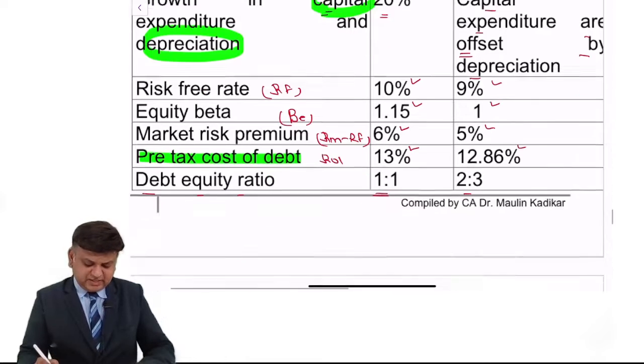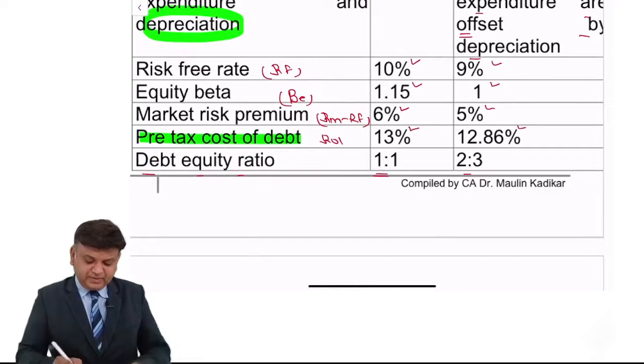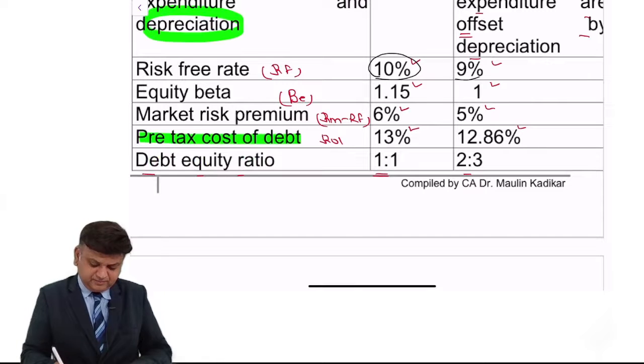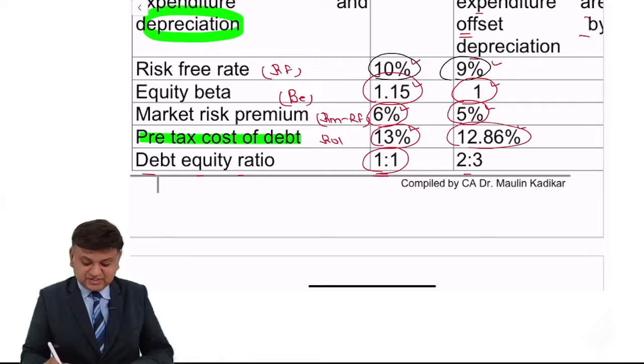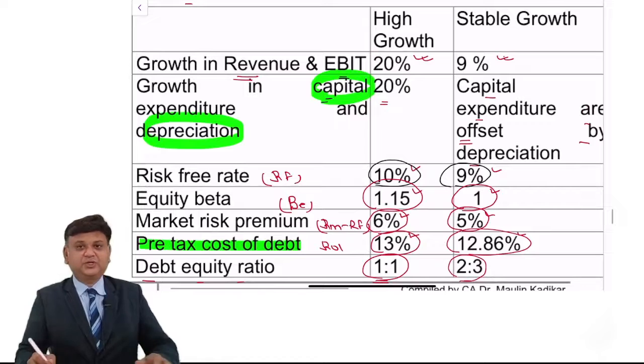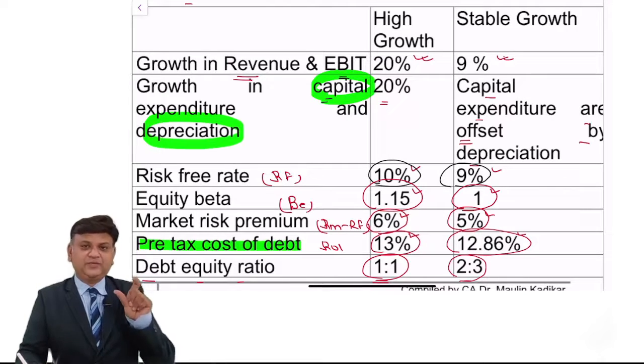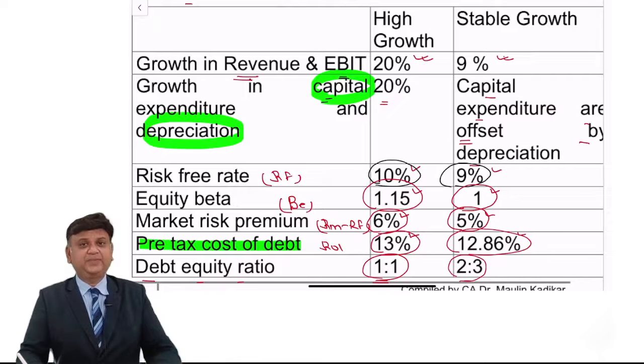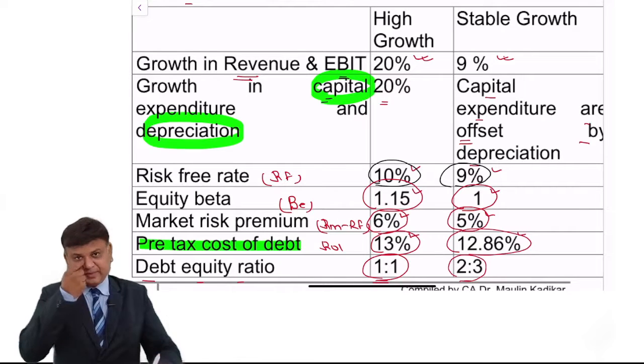Dear students, you can see that the information about the risk-free rate of interest is changing, beta is changing, RM minus RF is changing, rate of interest is changing, capital structure is changing. So basically we are required to make the computation of two weighted average costs of capital during the first 2 years, and for the purpose of discounting the third year onwards cash flow.